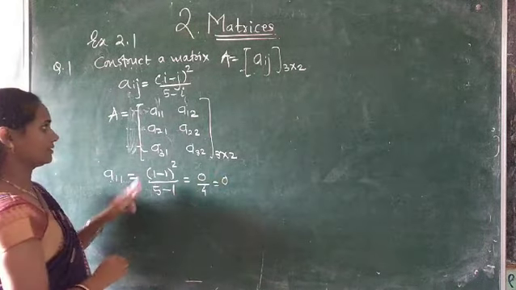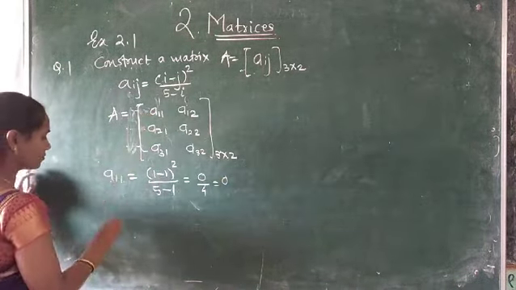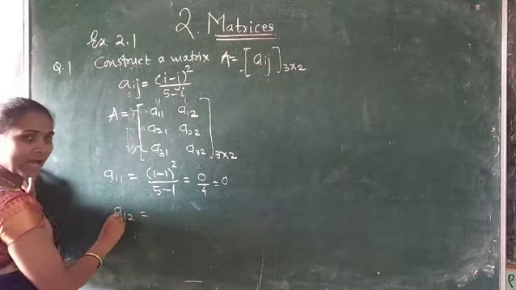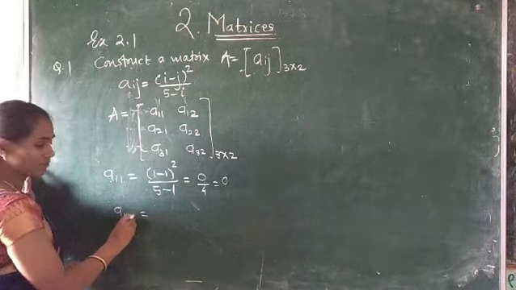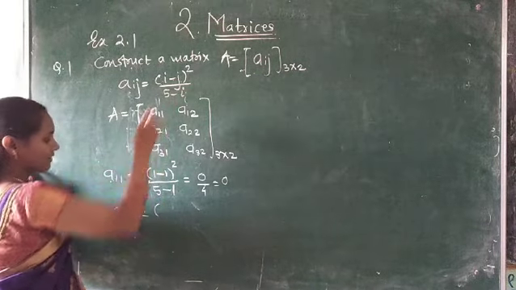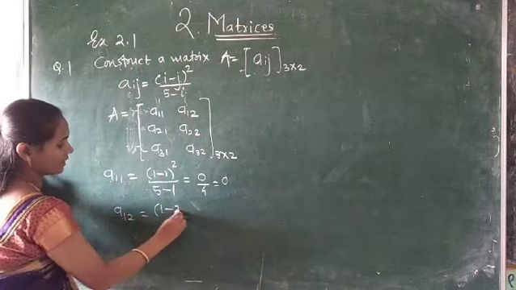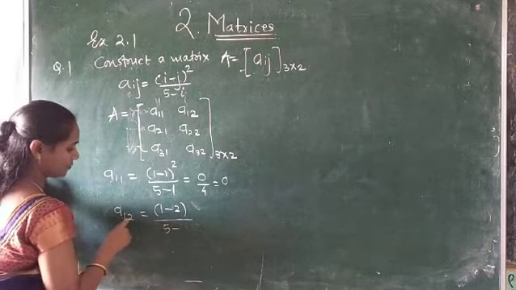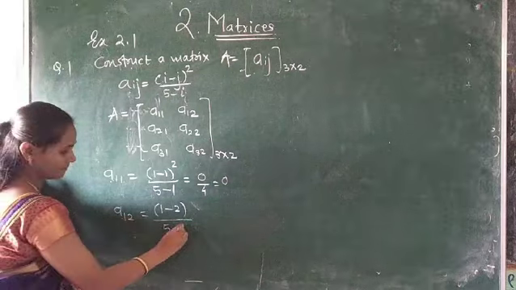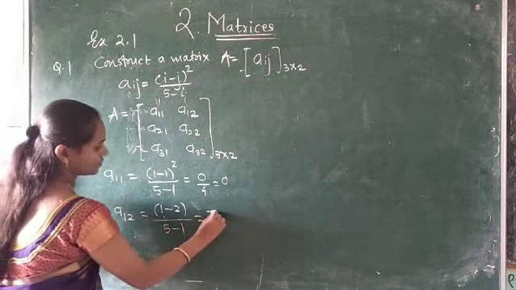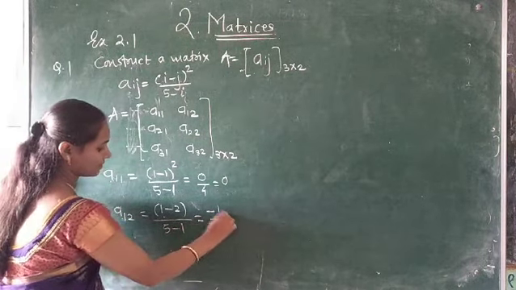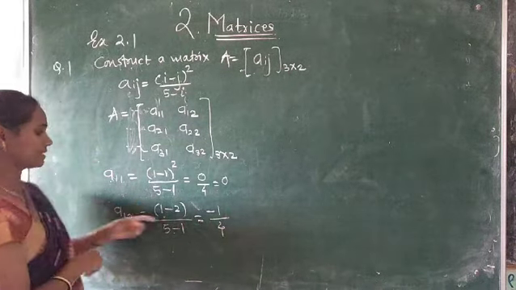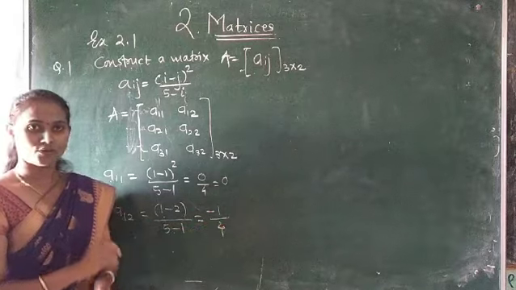So the first element is 0. Now the second is A12. Here i is 1 and j is 2. So (1 minus 2) square divided by 5 minus 1; 1 minus 2 is minus 1, and 5 minus 1 is 4. That means the second element is 1 upon 4.